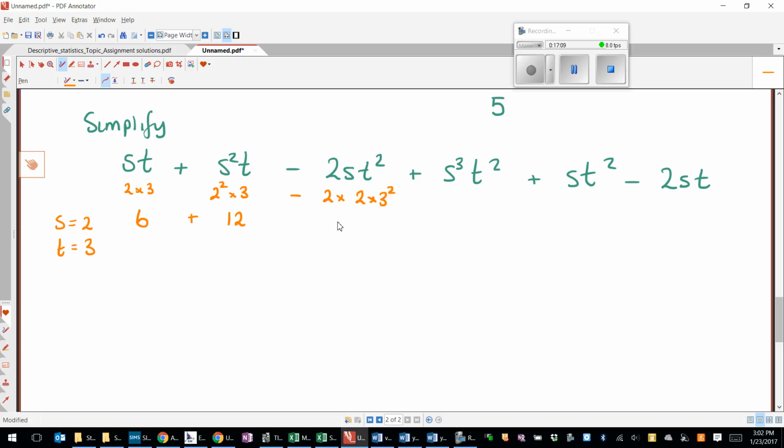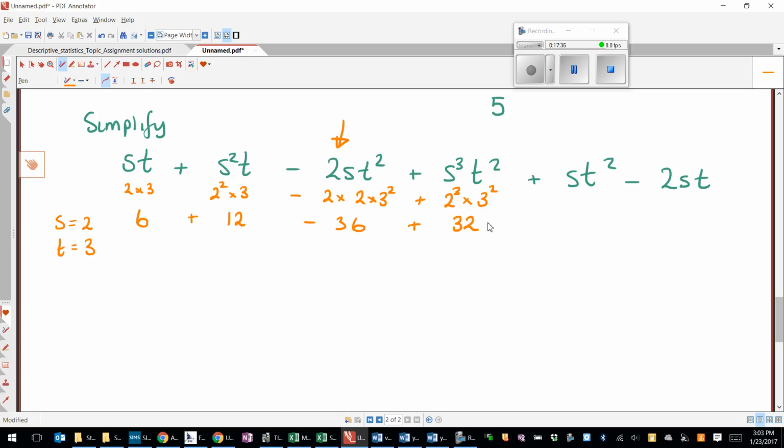I've got to be careful with what I'm doing here, by the way. There's something we need to rethink. We can't really do it in this way. I'll ask you whether you can figure out why. And then I'm going to do plus 2 cubed times 3 squared, so that's 8 times 4 is 32.